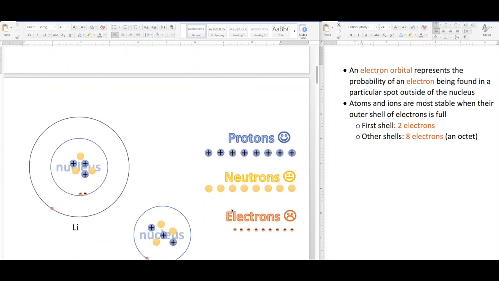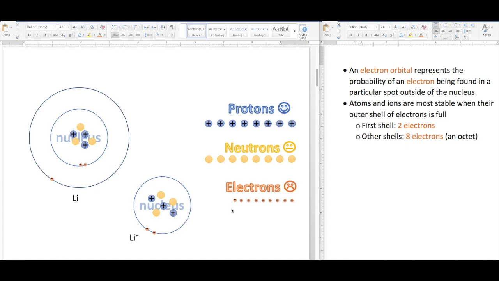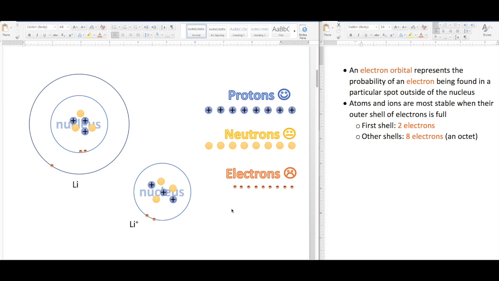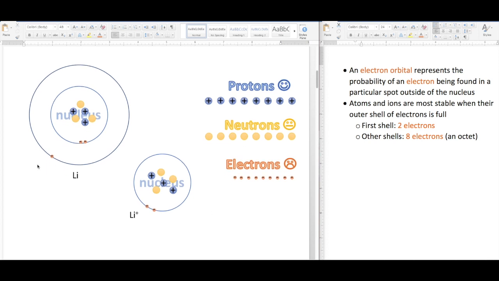Lithium, on the other hand, which is what we used as an example previously when we were talking about how ions form, neutral lithium, because it has 3 protons, to be neutral it also has to have 3 electrons, which it's depicted here. And so the first 2 electrons go into the first shell, and then there's just a single electron out here in the second shell.